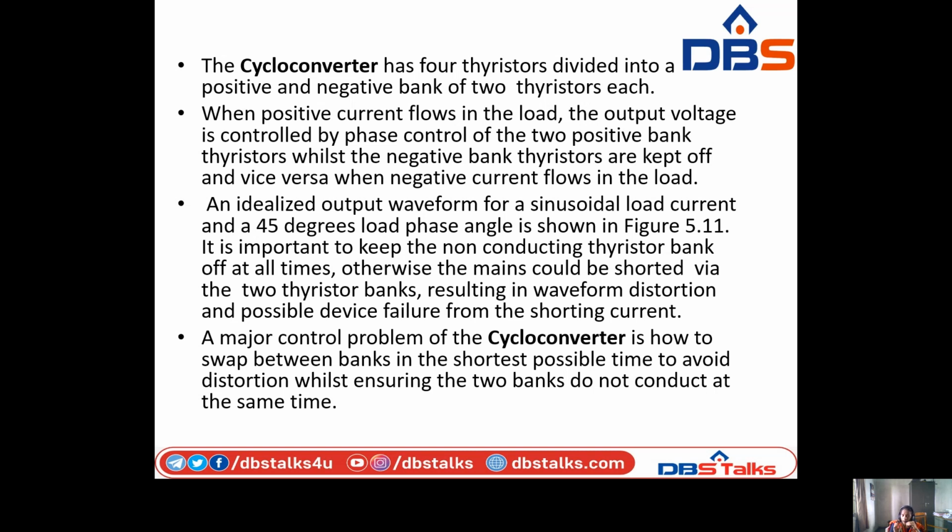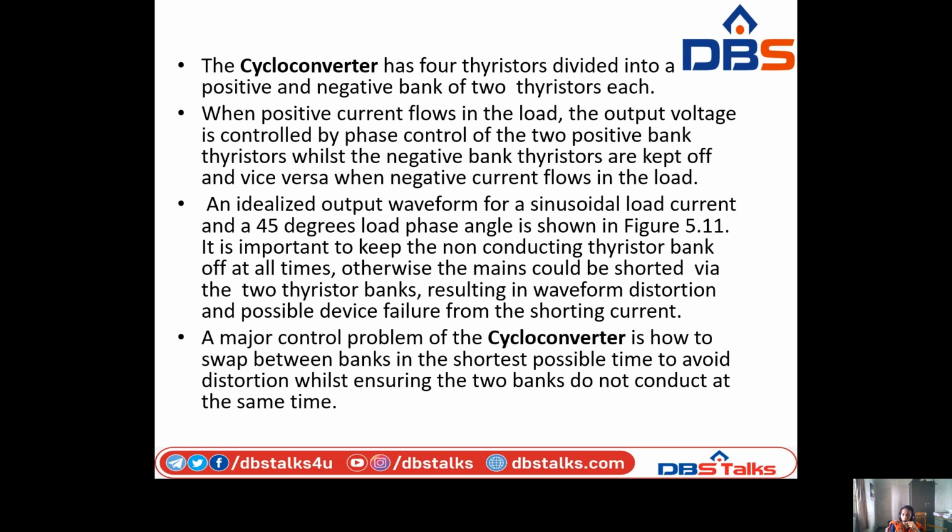So, an idealized output waveform for a sinusoidal load current at a 45 degree load phase angle. It is important to keep the non-conducting thyristor bank off at all times. Otherwise, the mains could be shorted through the two thyristor banks, resulting in waveform distortion and possible device failure from the shorting current.